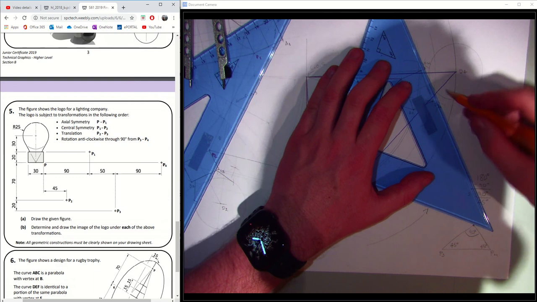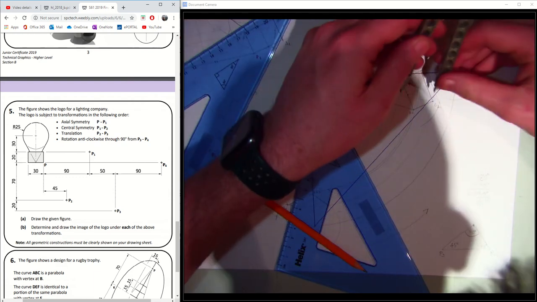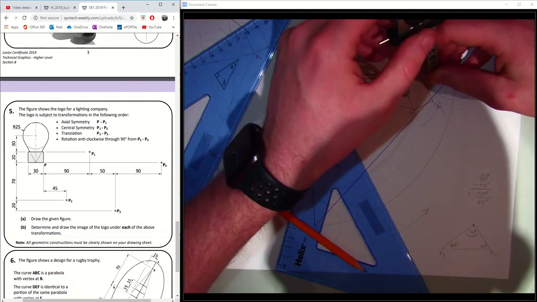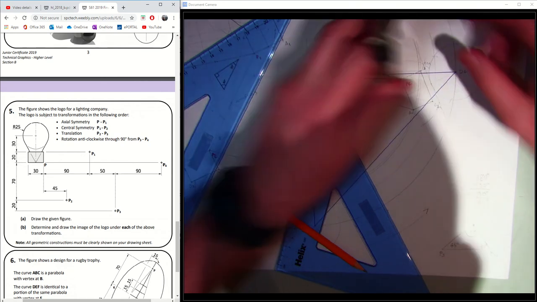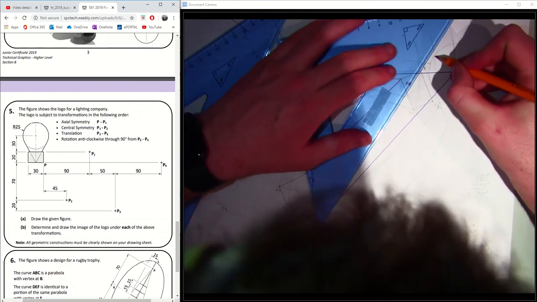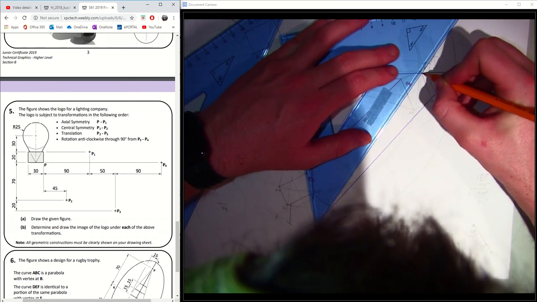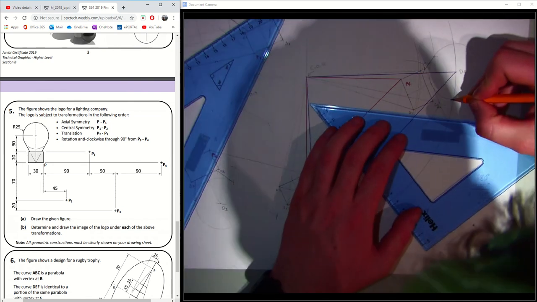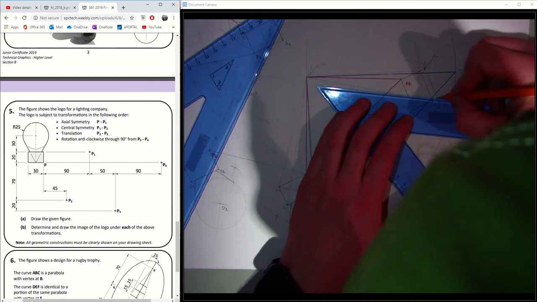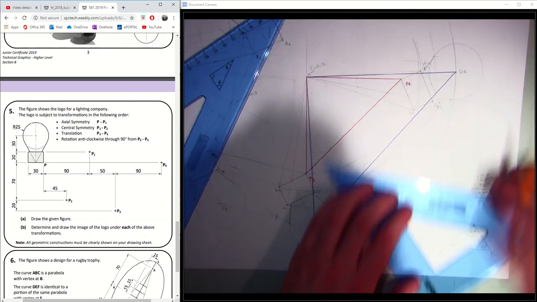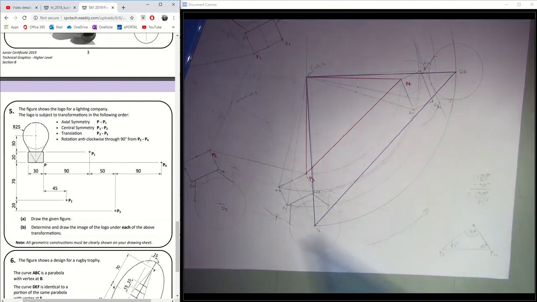Again, that point. I want to draw a semicircle or an arc that crosses them circles at that point. That's going to join back to here, like that. That's getting my rotated part of the question completed.